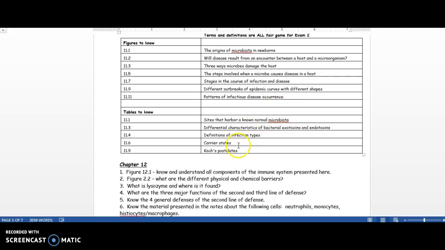All right, so all of these are good to focus on, and then tables to know: sites that harbor normal flora, your normal bacteria, and really what this does is it shows you where bacteria are not. The types of infections, the carrier states of individuals, and then Koch's postulates.